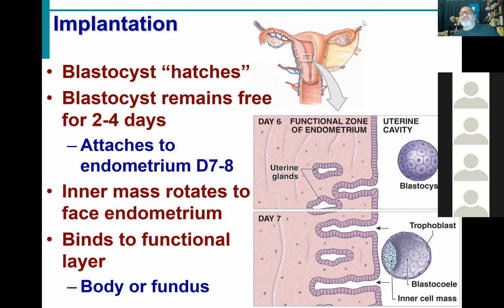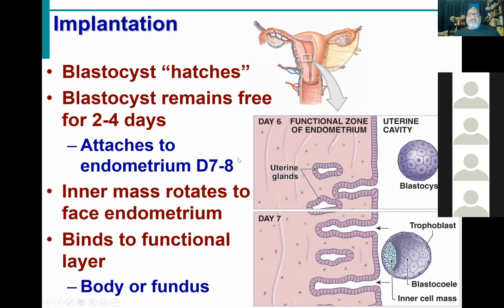Now, notice the first step in this process is the blastocyst orients so that the inner cell mass is facing the uterine wall. And once it is facing the uterine wall, it'll make contact with it, attach to it, and actually start the process of penetrating deep into the functional layer to be surrounded by the tissue and protected.